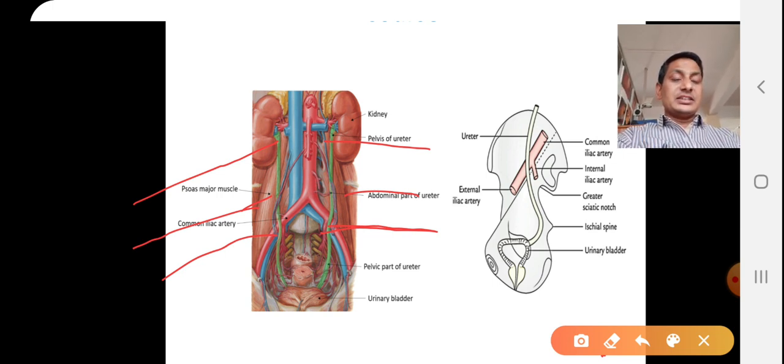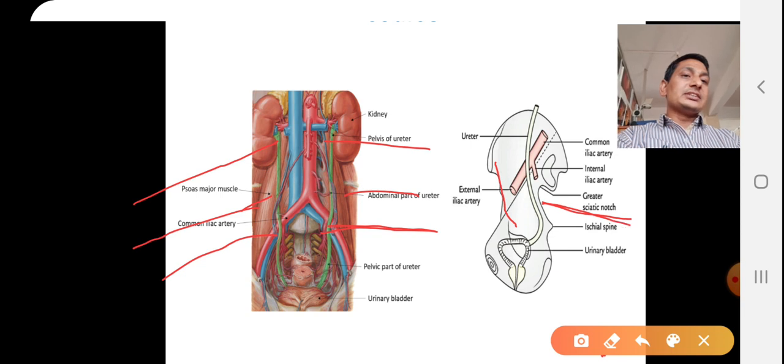In the lesser pelvis, the ureter at first runs downward, slightly backward and laterally, following the anterior margin of the greater sciatic notch.